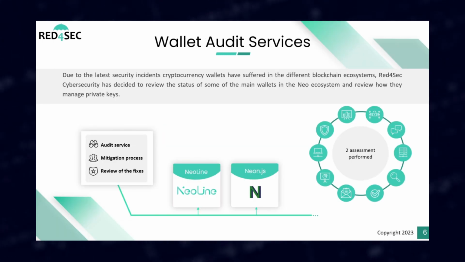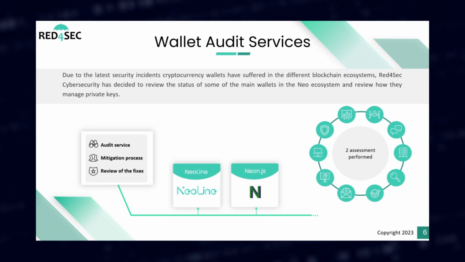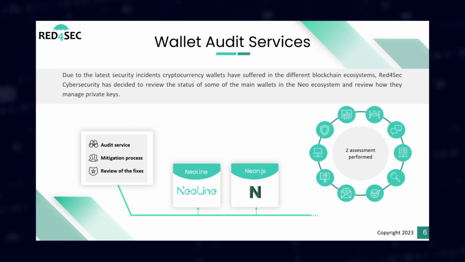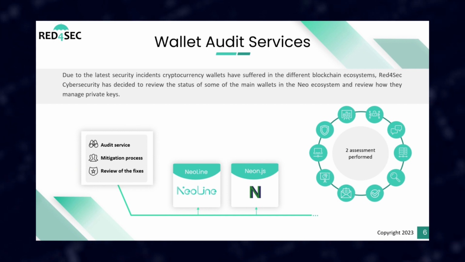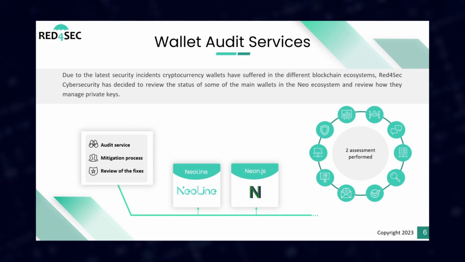Moreover, given the recent security breaches in cryptocurrency wallets across various blockchain ecosystems, such as Atomic Wallet, Red4Sec has taken the initiative to examine the status of several prominent wallets in the Neo ecosystem, focusing specifically on the private key generation and management protocols. During these reviews, we detected significant deficiencies that demand urgent correction.